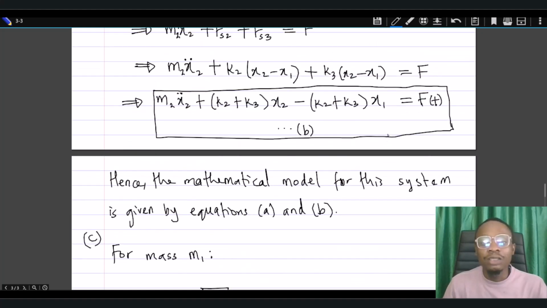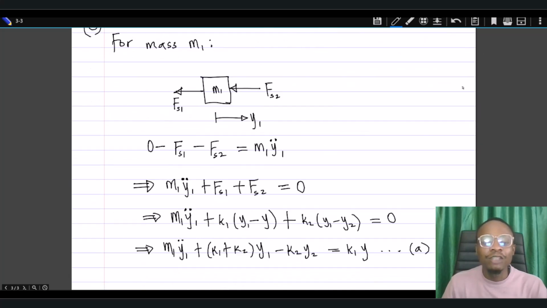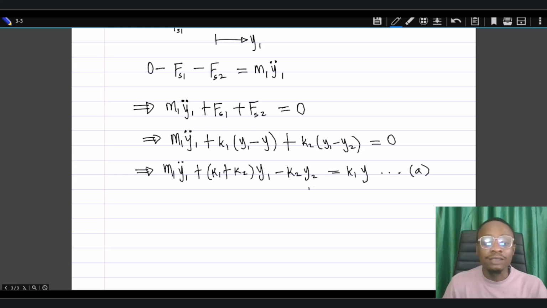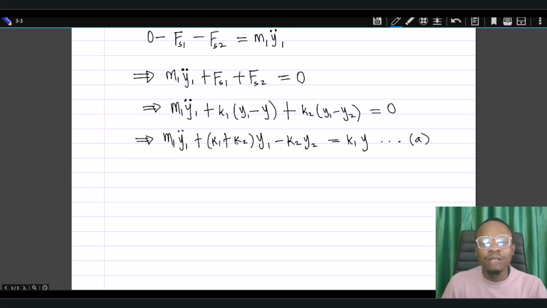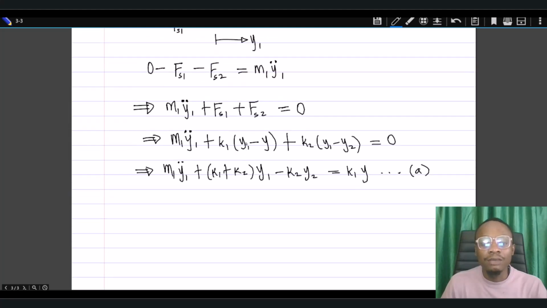Always add this f, which is an input to the system, on the right hand side. That doesn't make it any less the same as having it on the left hand side. It will still have the same implication at the end of the day. It's just good to have all of our inputs on the right hand side. So that is that for the mass M1, quite straightforward to deal with.